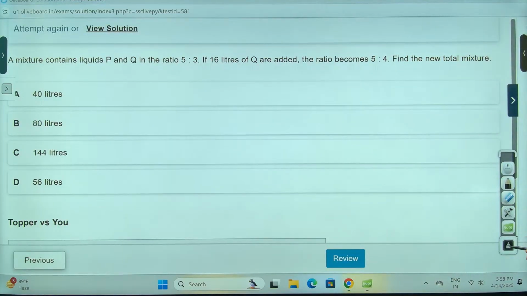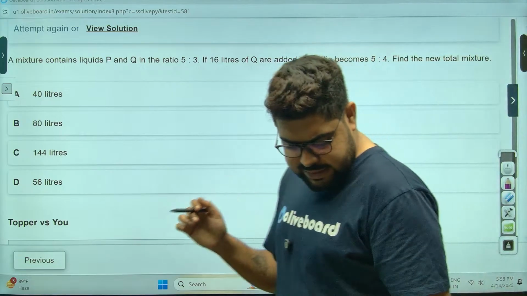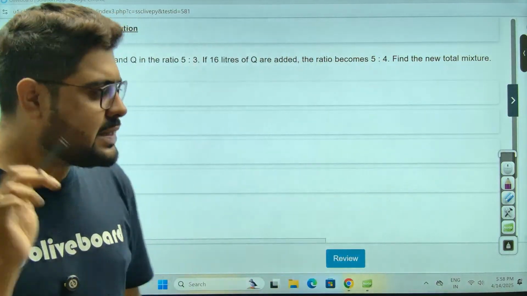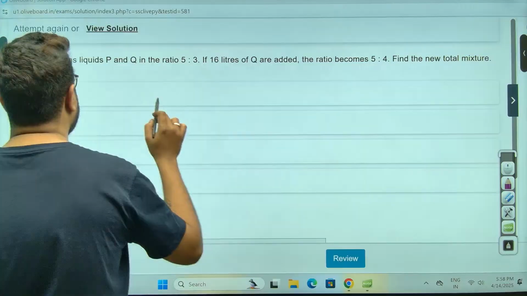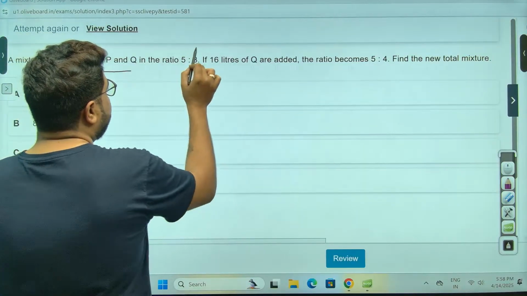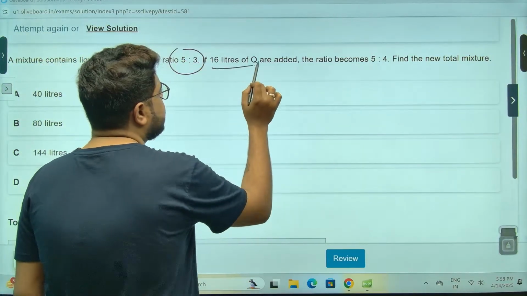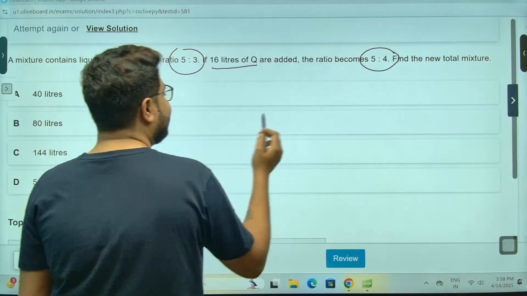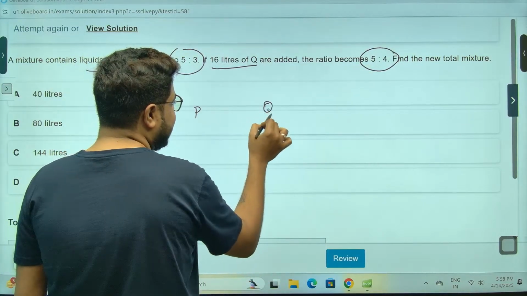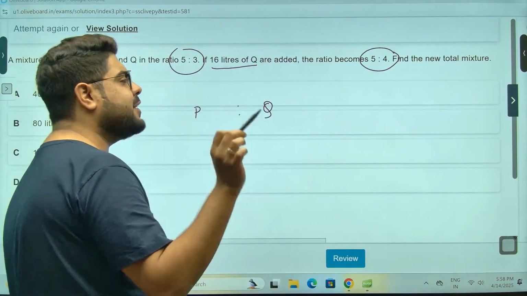Anyone, if you have a doubt, please do not shy away. Please ask, "Sir, I didn't understand this, please explain this." I'm absolutely okay with that. P and Q are in ratio 5:3, 16 liters of Q added. The given ratio is very, very good, sir.